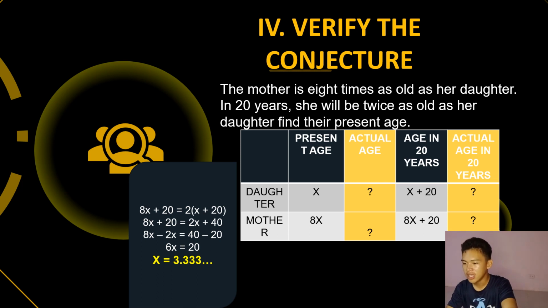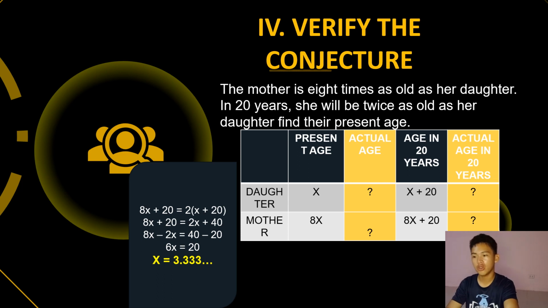So 8x minus 2x is equal to 40 minus 20, and we transpose this 20 to the other side.